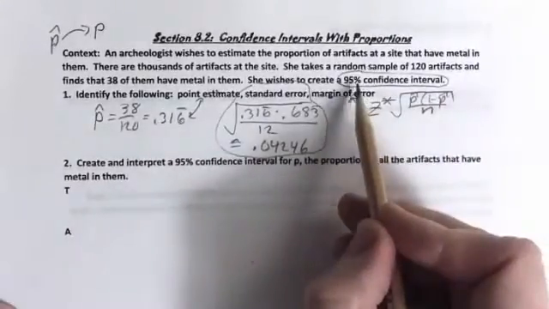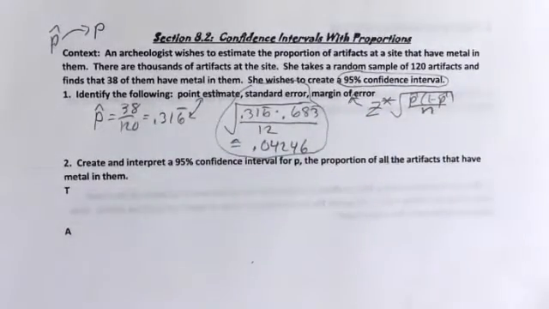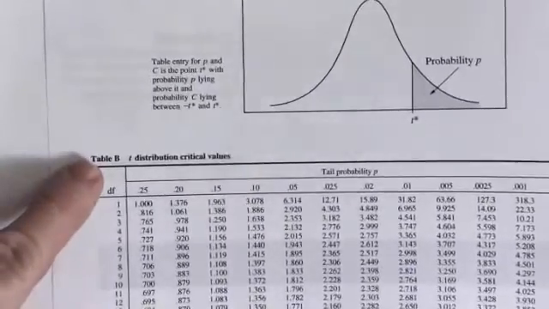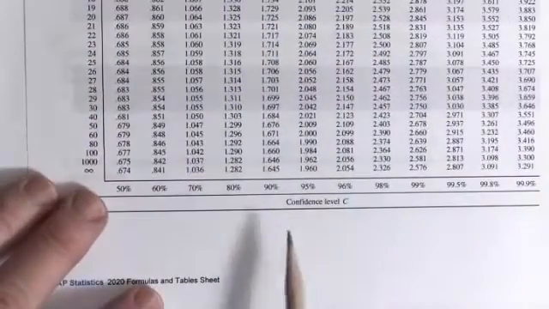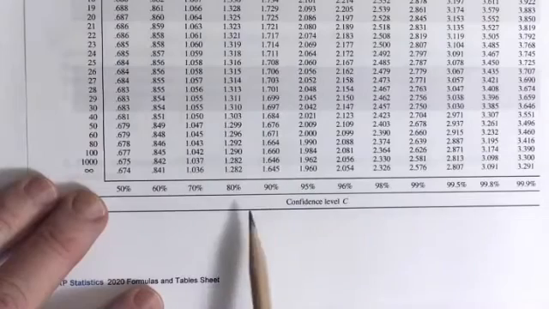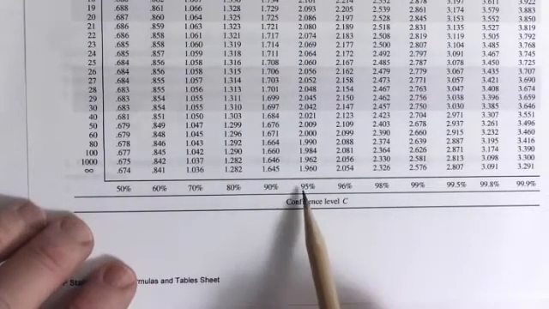In this case, it's 95% confident. There are a couple of different ways to find the Z star that goes with 95%, and I'll show you both. The easiest way possibly is to go to table B in your formula sheet and go down to the bottom. It has the most common confidence levels, and ours is 95%.